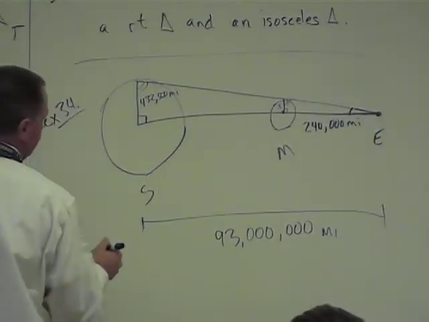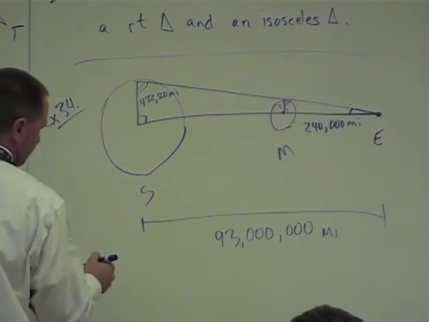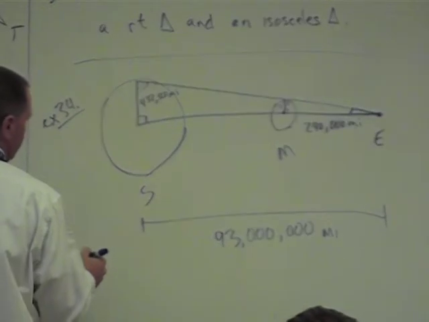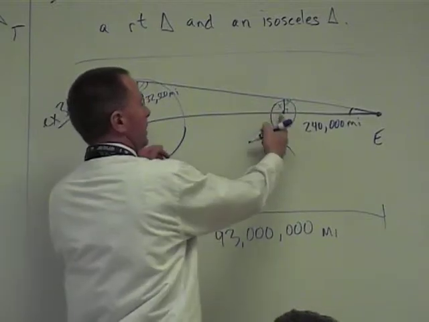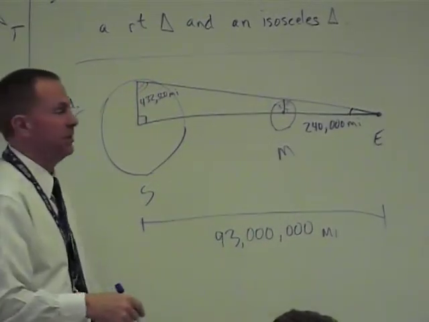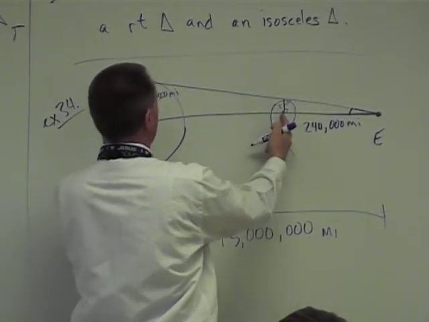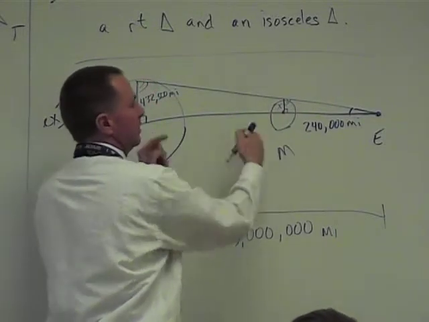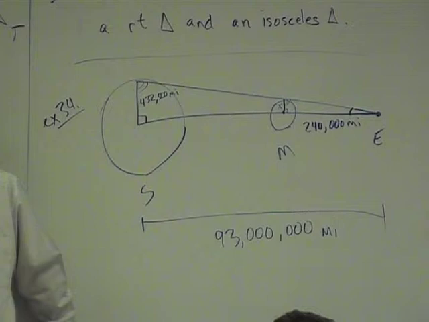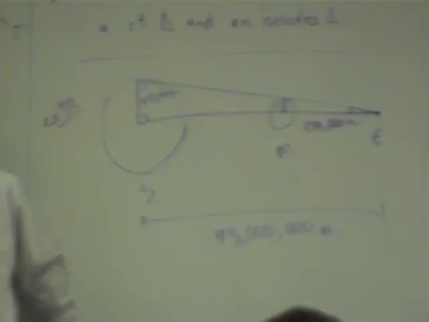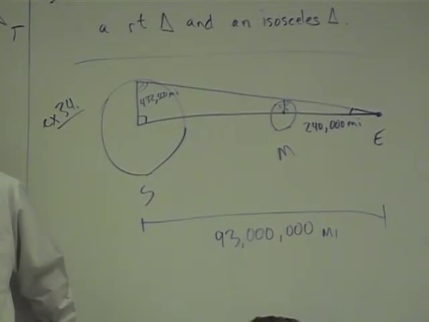You take 93 million minus 240,000. Okay, now we're not trying to get this, that's how you would get that piece, but this is not a triangle from here to here. But we don't need that piece. I mean, that's not wrong, we don't need that piece.